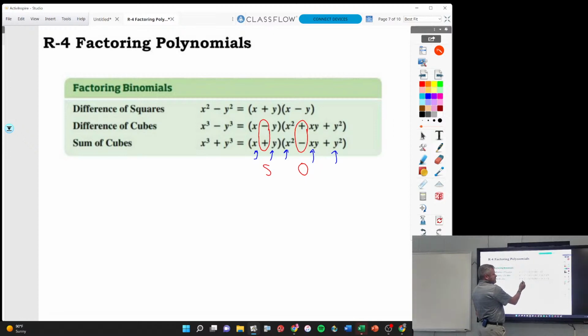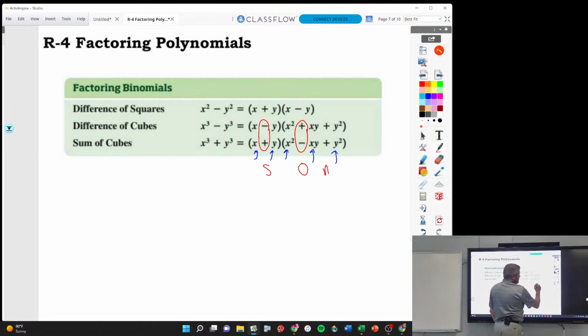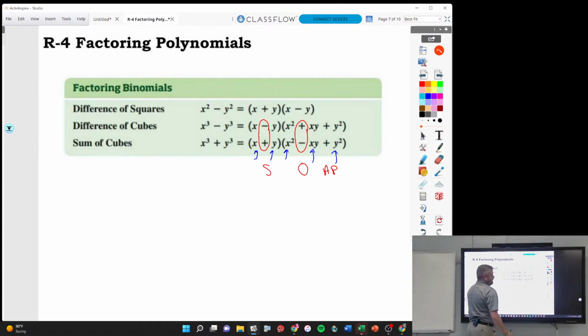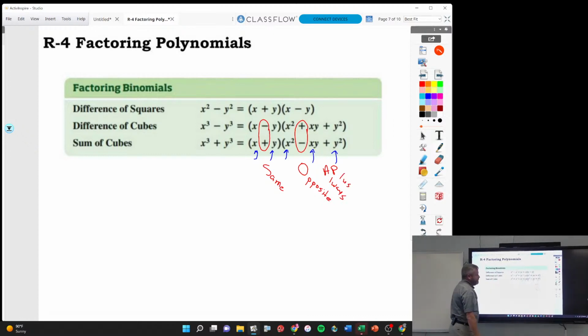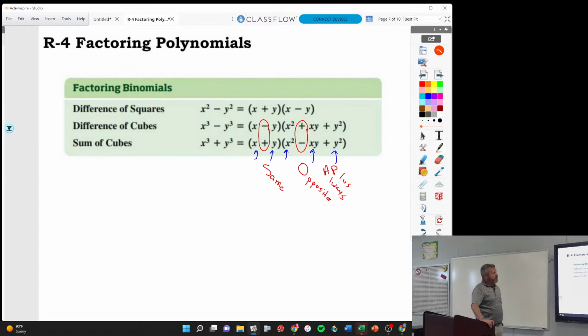If I'm adding two cubes, that second sign is going to be a minus. And this last sign is always plus. So we have same sign, opposite sign, and always plus. All right? So that's going to help you out remembering these.